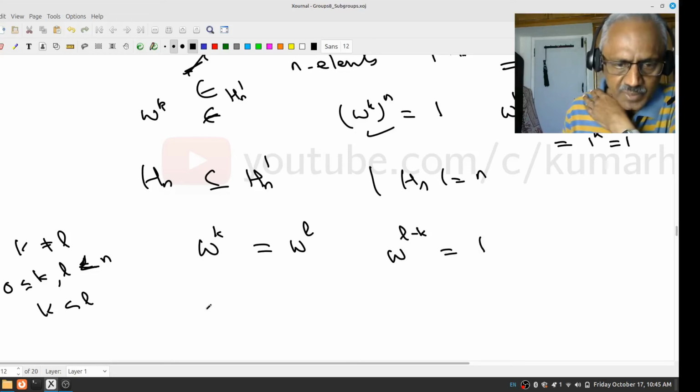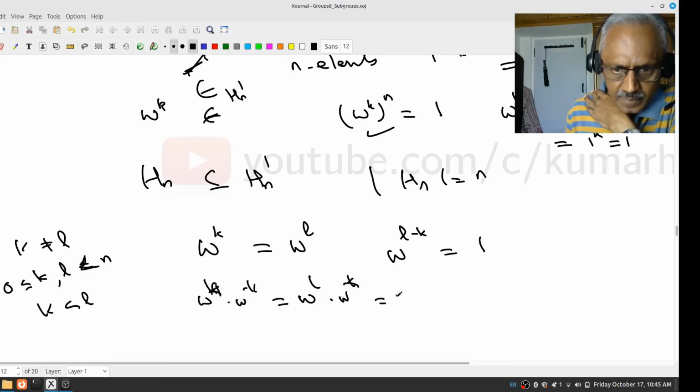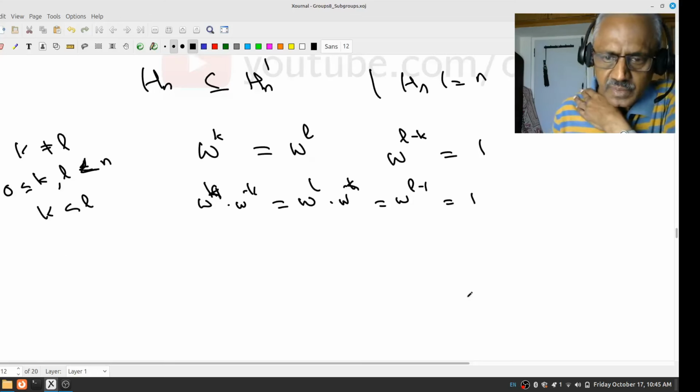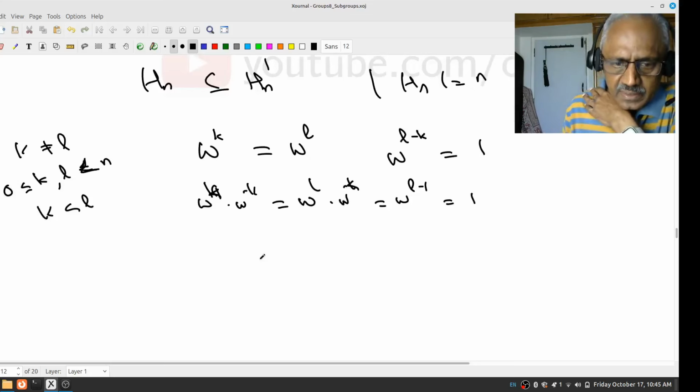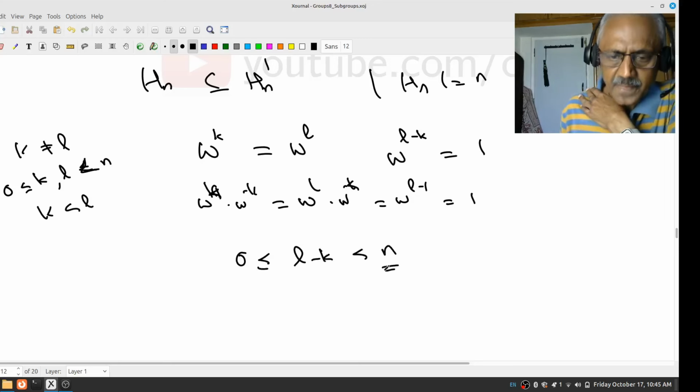Multiply both sides by omega power minus k. Now notice that 0 less than or equal to l minus k, strictly less than n.